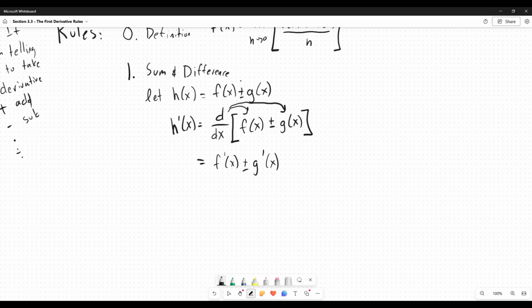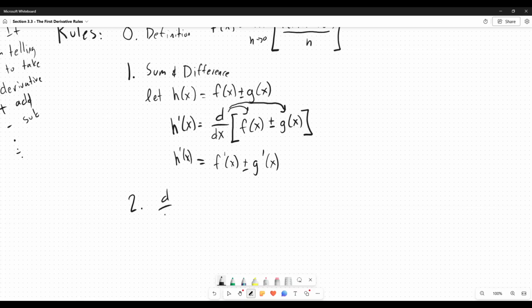Now please note, this only works for addition or subtraction, but it does work. Okay? So, anytime you have a function that is made up of the sum or the difference of other smaller functions, we can focus on the smaller functions individually and build up that larger function. Okay? Here's a second one.